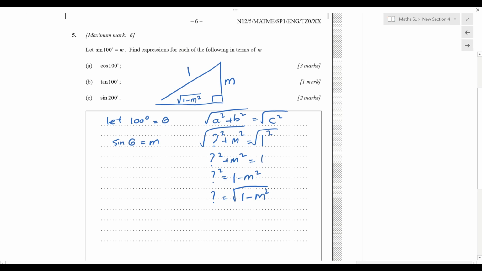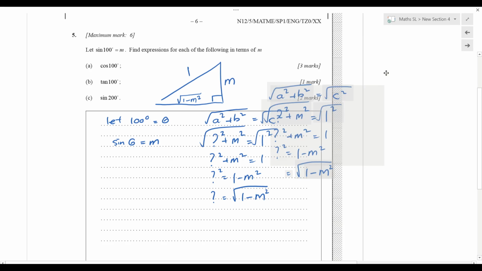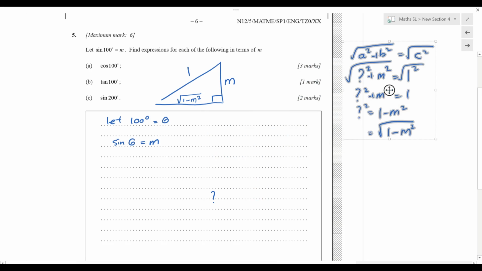Okay, let's continue. I'm just going to move this aside so it doesn't get in my way. So what's next? We're trying to find cosine 100.